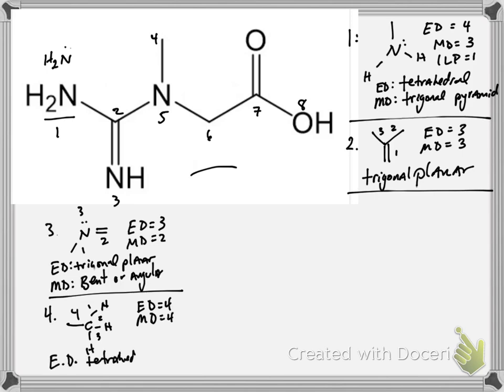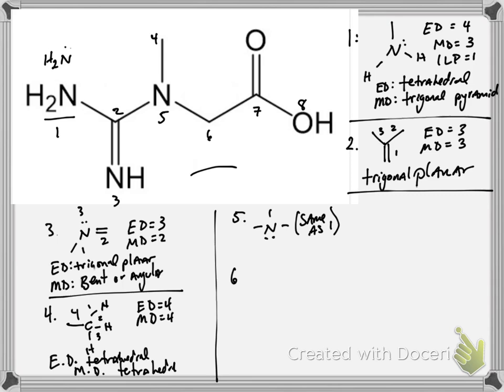So it's tetrahedral electronically, tetrahedral molecular geometry. 5 is nitrogen with 3 bonds, which makes it the same as 1. 6 is a carbon atom, and we're showing 2 bonds, one to nitrogen, one to another carbon atom, items 5 and 7. And we have to provide the 2 hydrogens. So this is the same as for tetrahedral.